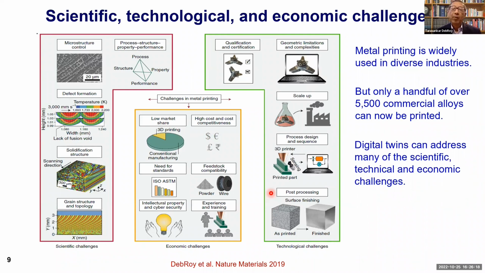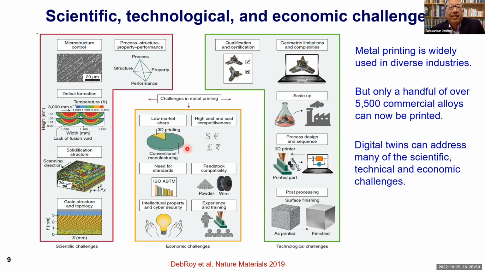So some of the printed parts have to be finished using standard tools of surface finishing. That adds another technological challenge. Also, we sometimes have support structures for intricate parts. They have to be removed, and removal of this support structure adds cost and sometimes creates a technological problem.